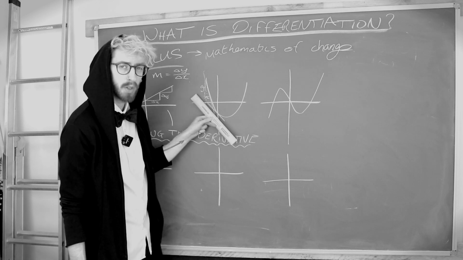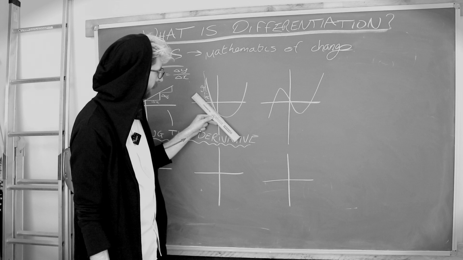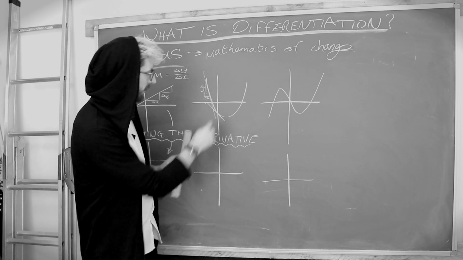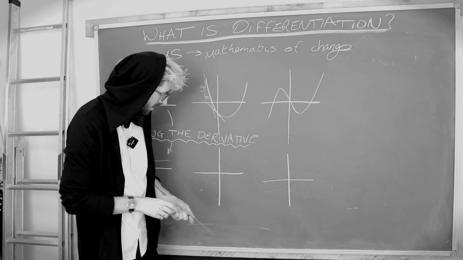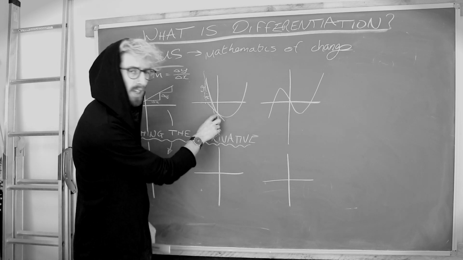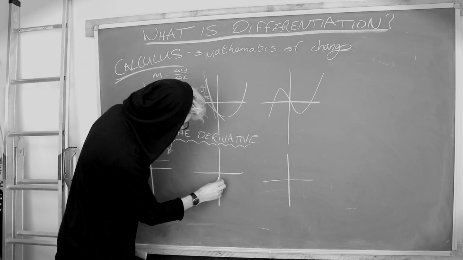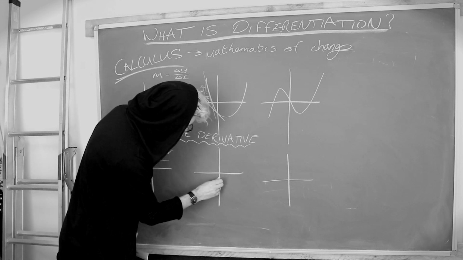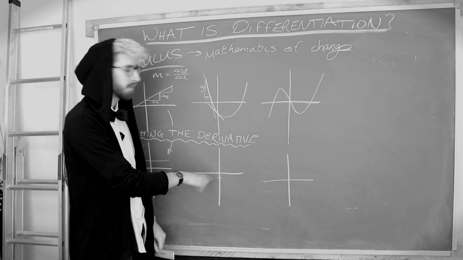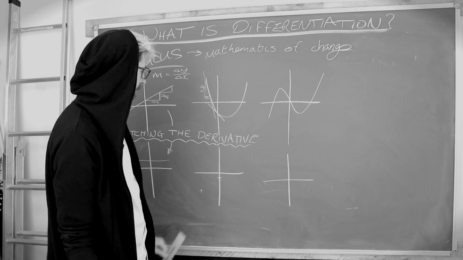That tangent is still going downhill, but it's not as steep as it was there. So for this value of x, we're going to put a little coordinate in. It's kind of at x equals 0. So it was still negative at x equals 0. Right, so I've got 2 points.